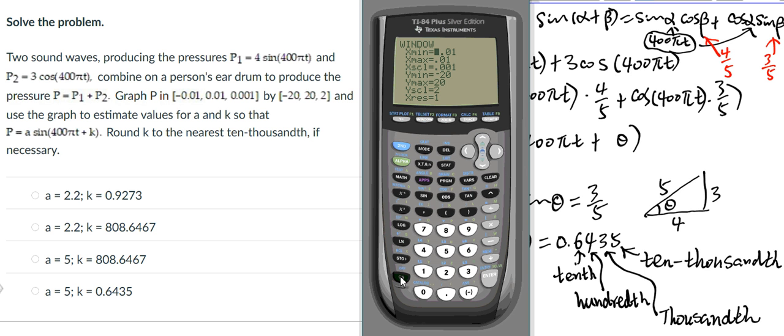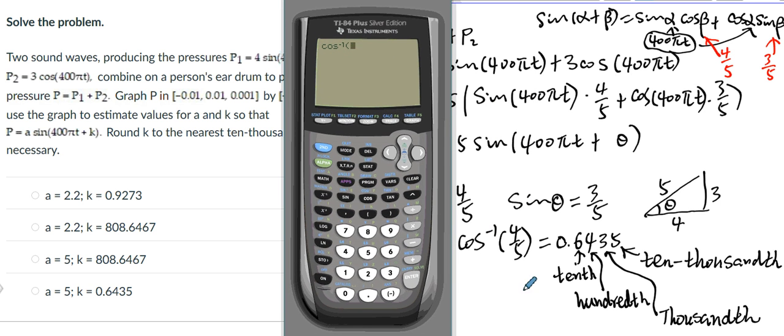How are you going to do that? Press second, then cosine inverse, then 4 divided by 5, and hit enter, which gives 0.6435.